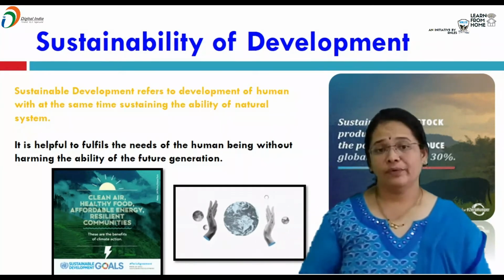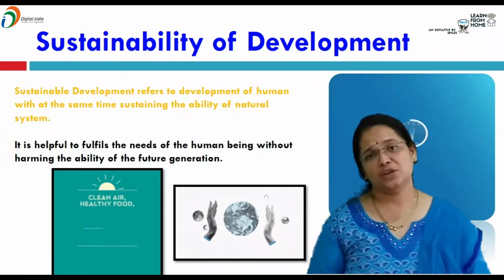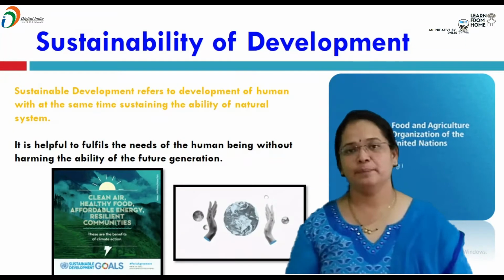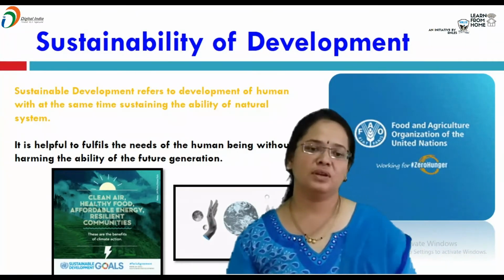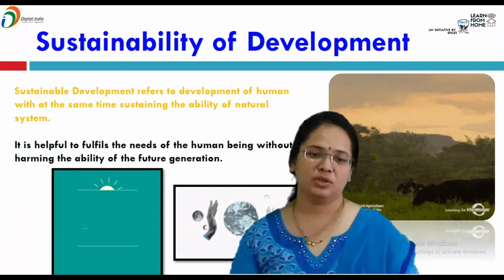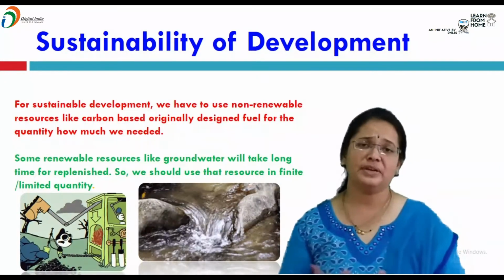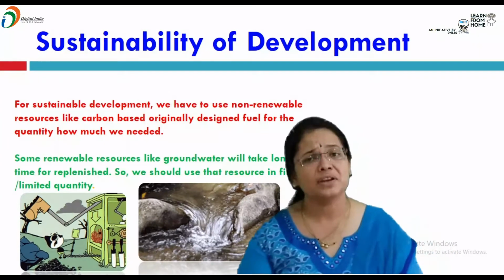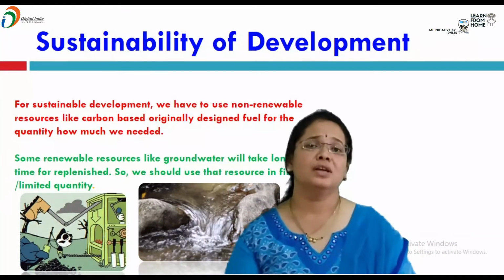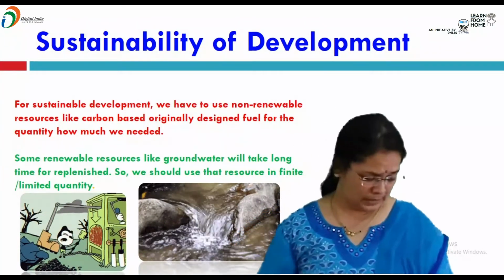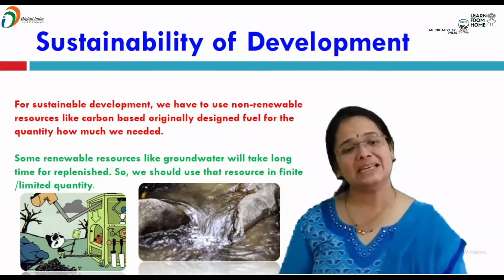Whatever natural resources we are utilizing, we should preserve them for future generations' use. So we should preserve the natural environment when we are trying to develop our industries. Okay, so this is about sustainability.